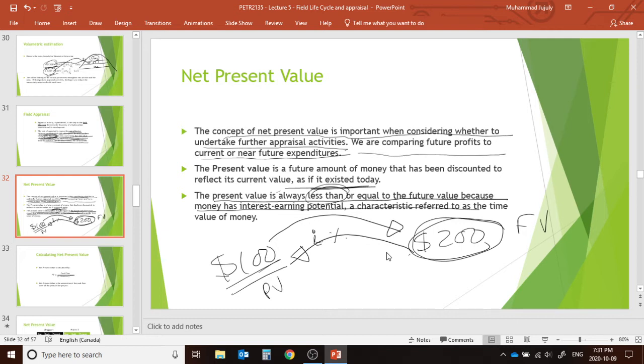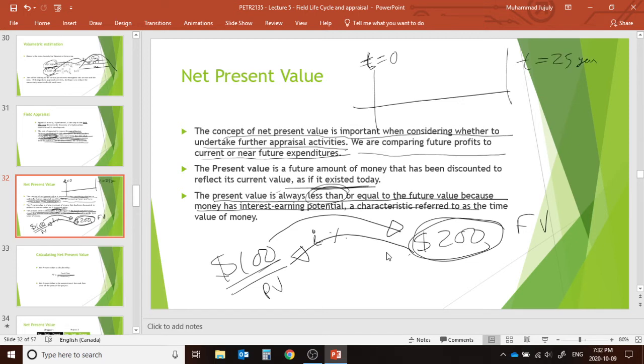So if you do any activities, this is time t equal to 0, right now, and this is t equal to 25 years. Remember that previous example?